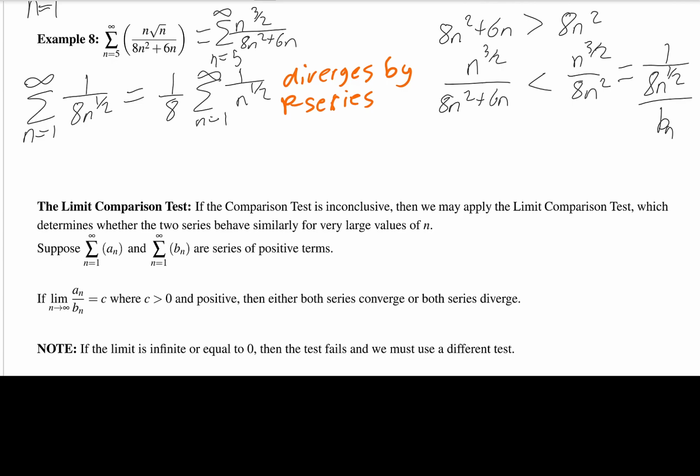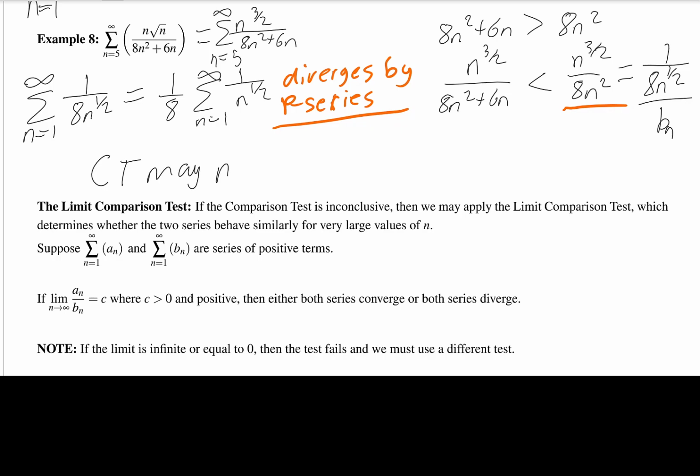Okay. What this means is that our comparison theorem may not work because we got something that's bigger, but it diverges. For the comparison test to work here, we needed this to be smaller and diverge. So we say that the comparison test may not work.